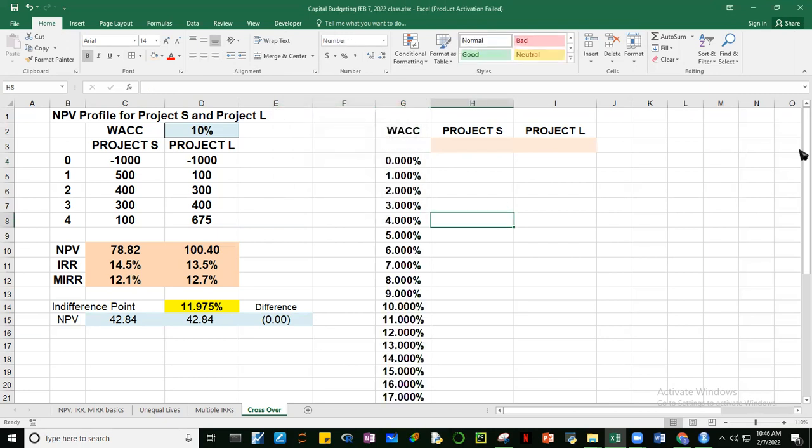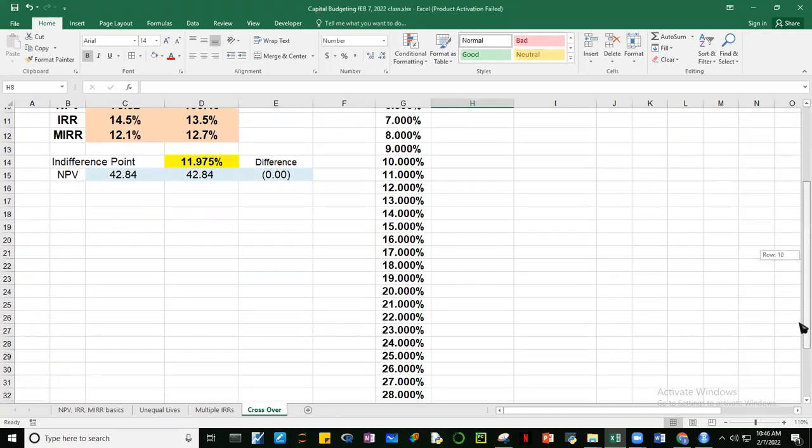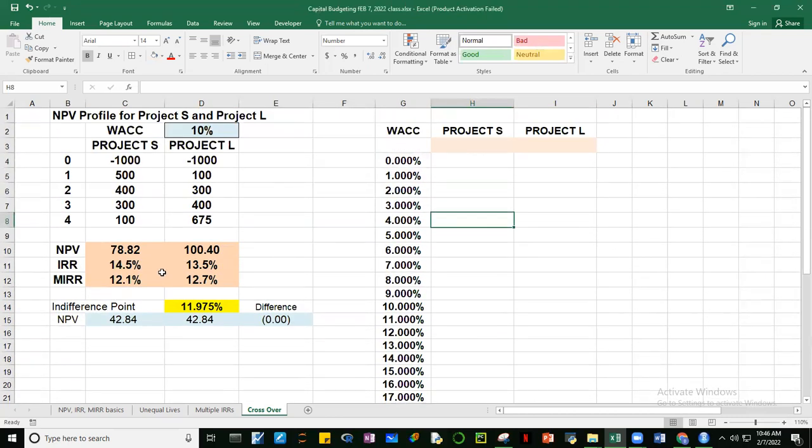Okay, there. No? Kasi i-compute natin yung NPV at saka NPV sila. So what we're going to do here is insert natin itong mga points na to. IRR, MIRR at saka itong indifference point natin.